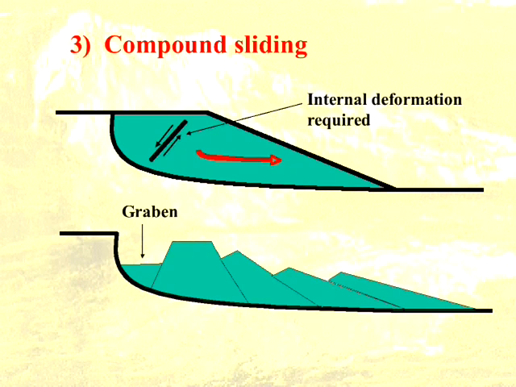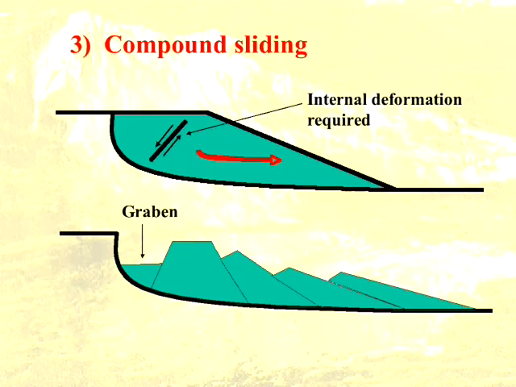That's a very useful term to distinguish from the other two, because in the case of compound sliding, you can no longer say that the internal strength of the sliding body is not relevant. It does become relevant, and the internal strength of the sliding material begins to play a role in the mechanics of the slide.